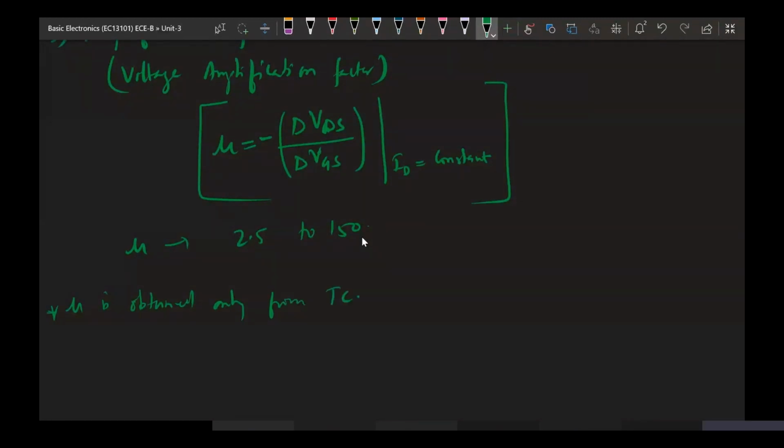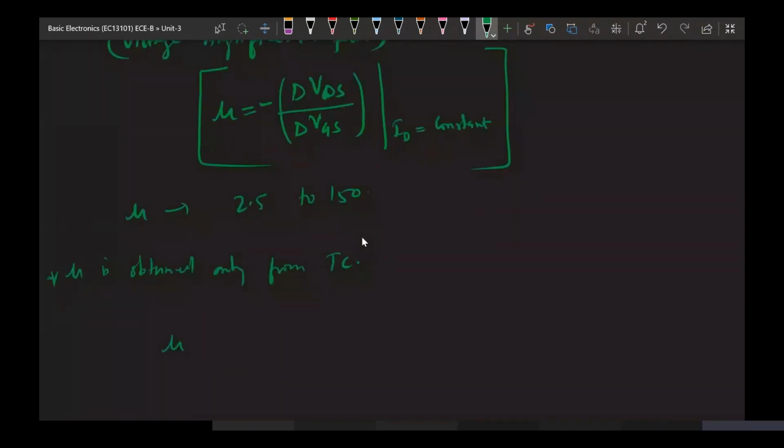If we see the relation, we can rearrange the parameters: mu equals change in VDS and change in VGS.